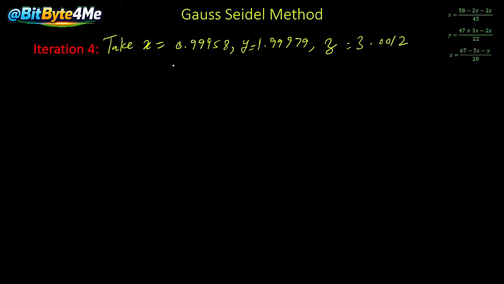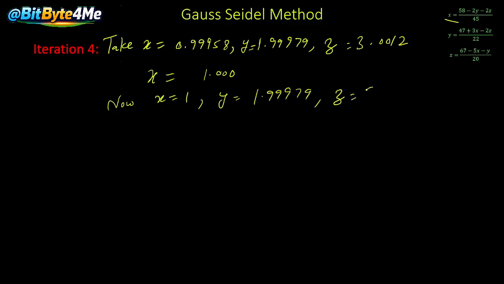So by using these values we will calculate the value of x. If we put these values in this, you will get the value of x as 1.000, and now we have x is equal to 1, y is equal to 1.99979, and z is equal to 3.0012.